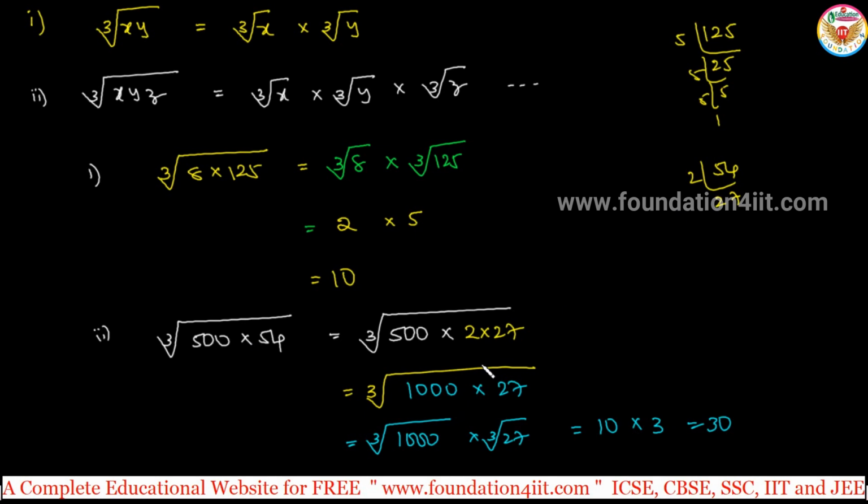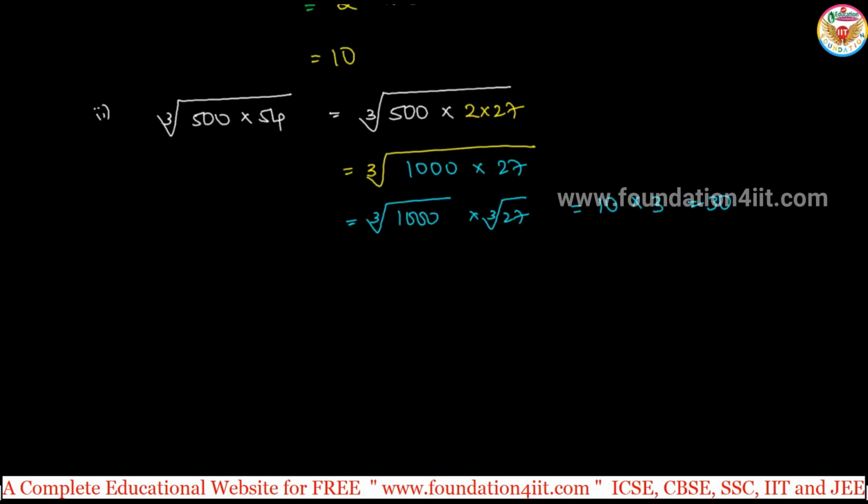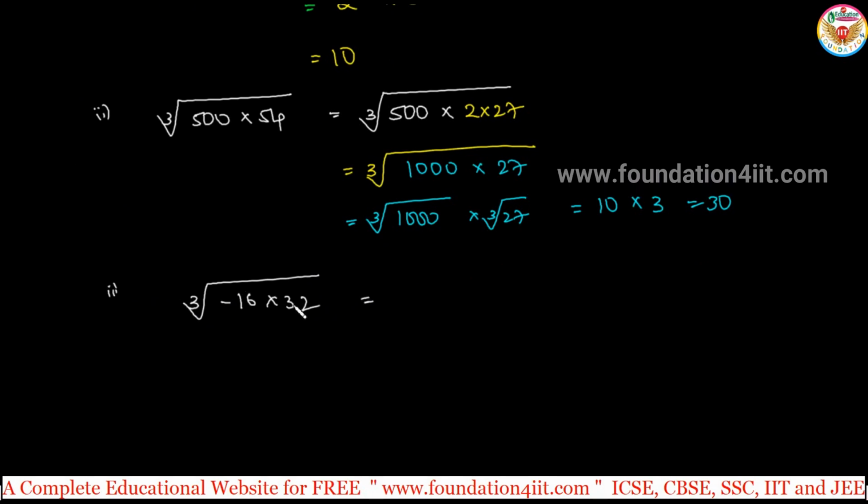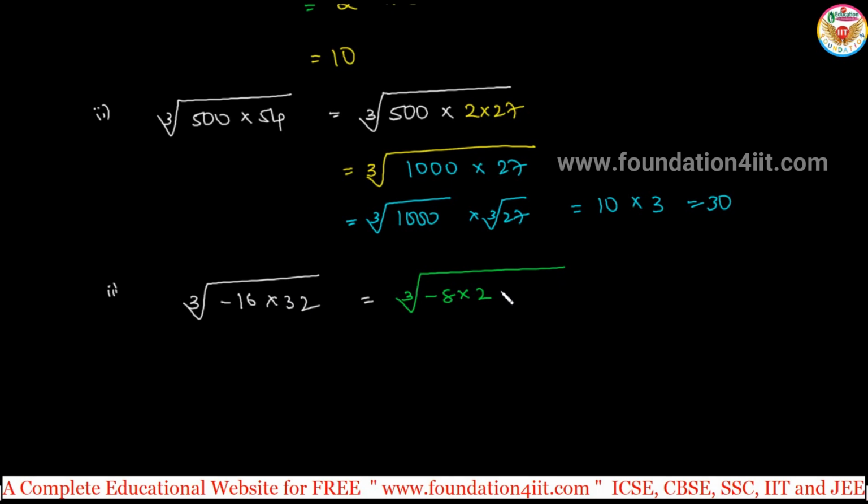Even if you have negative numbers, see for example, cube root of minus 16 into 32. Here minus 16 or 32 are not perfect cubes. So minus 16 we can write as minus 8 into 2, and this is 32.